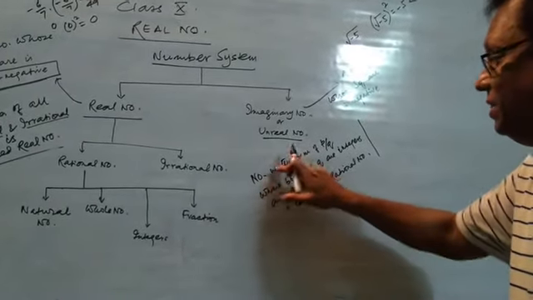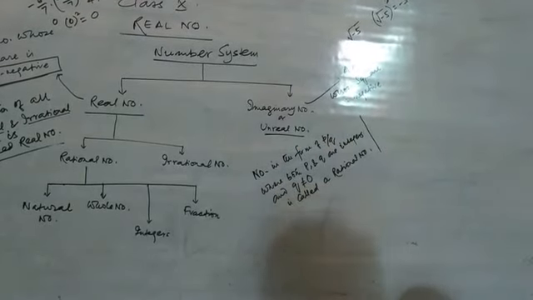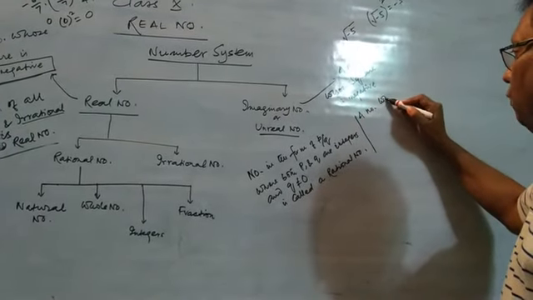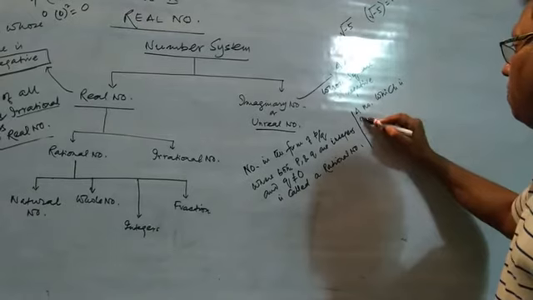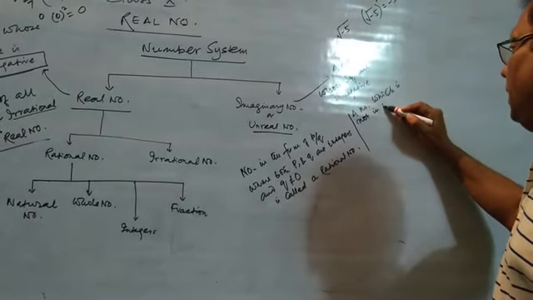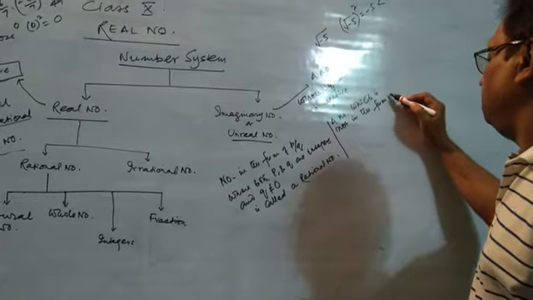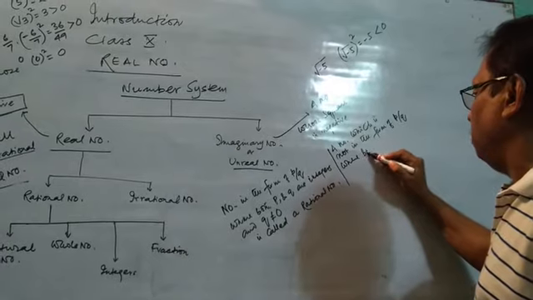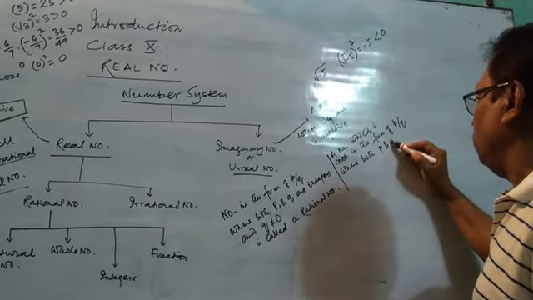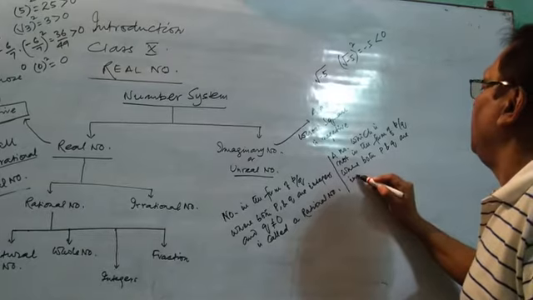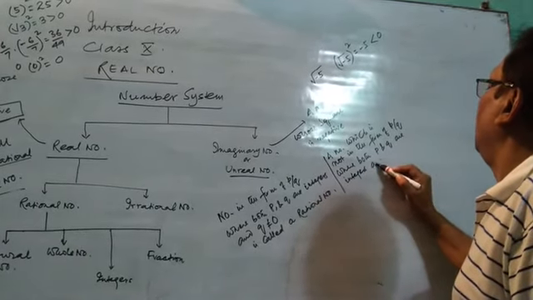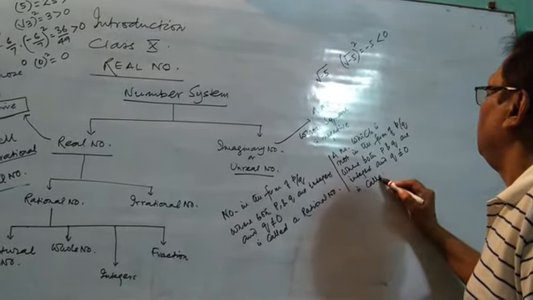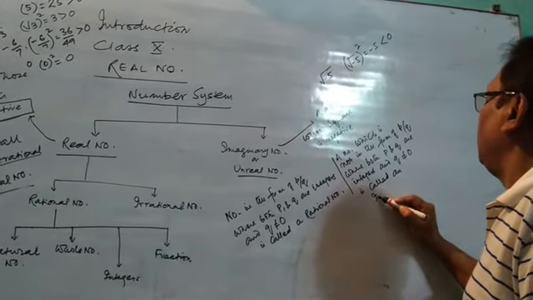A number which is not in the form of p by q, where both p and q are integers and q not equal to 0, is called an irrational number.